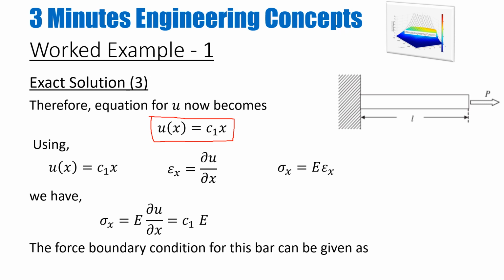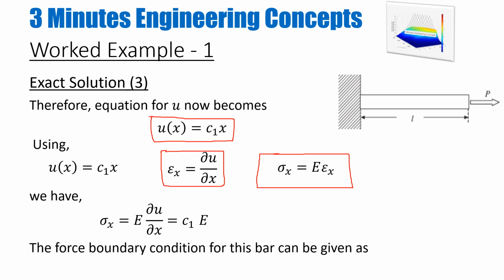And to find the value of C1, I have different ways of doing it. I can use my kinematic equation, which, if you remember, is just the partial derivative of u with respect to x, and also my constitutive equation for the truss element, which is sigma equals E times epsilon, based on Hooke's law. These are all things we have discussed many times.